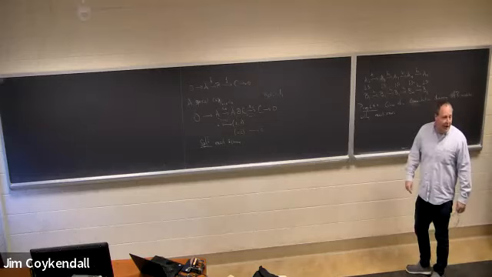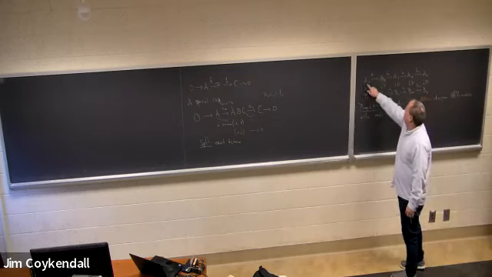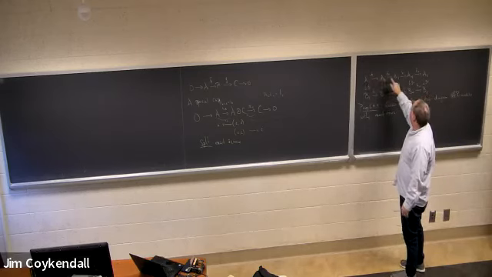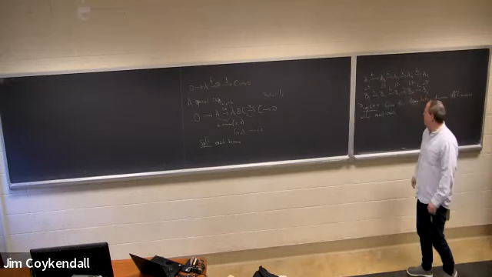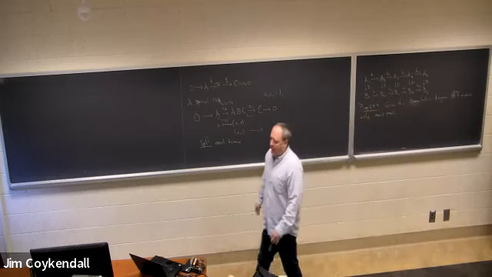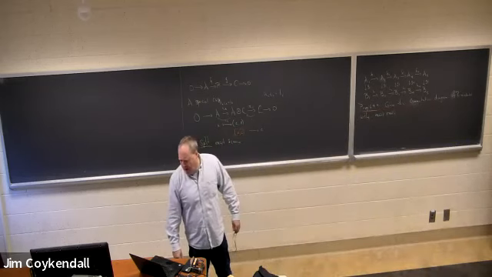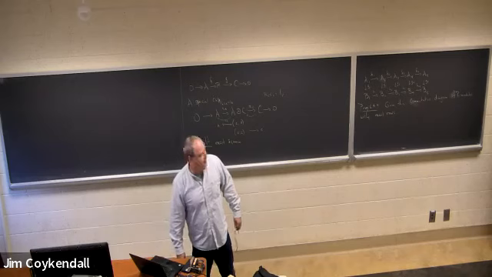And the rows are exact, so I don't know much about F1, but I do know that the image of F1 is the kernel of F2, the image of F2 is the kernel of F3, and so on. So we have this commutative diagram of R module homomorphisms with exact rows.